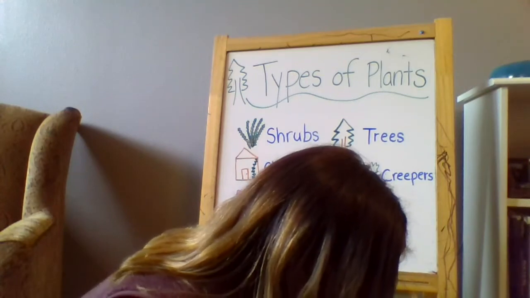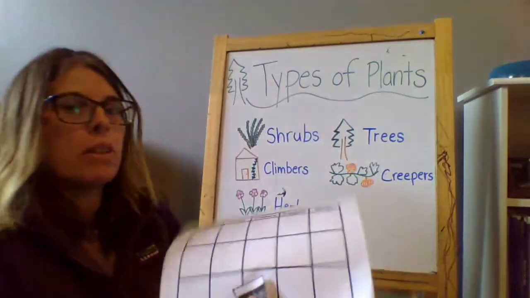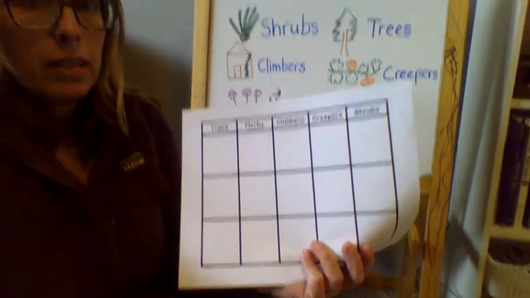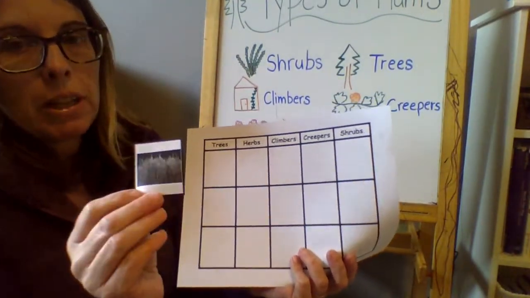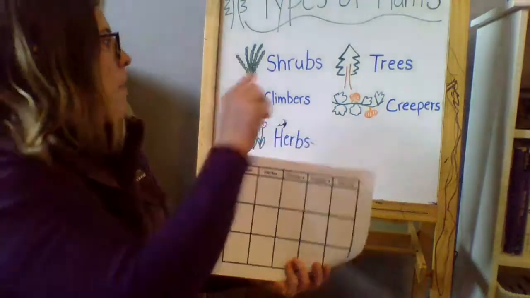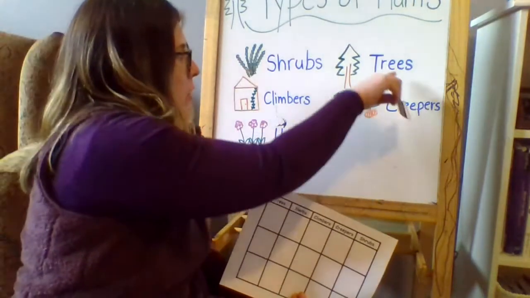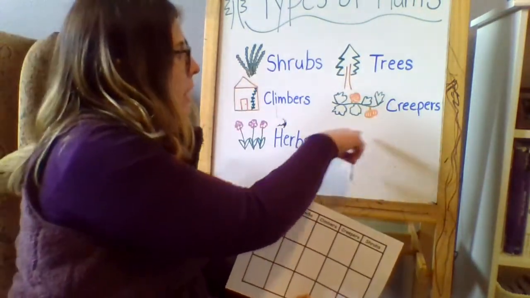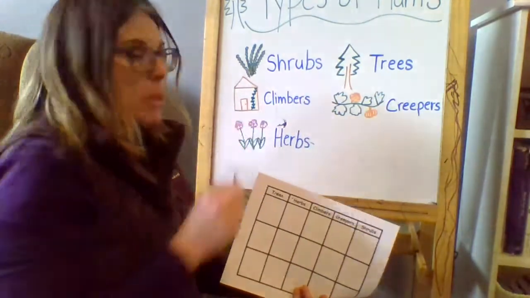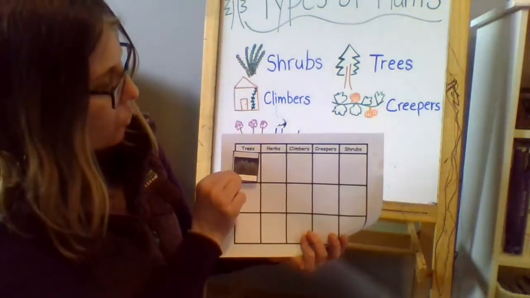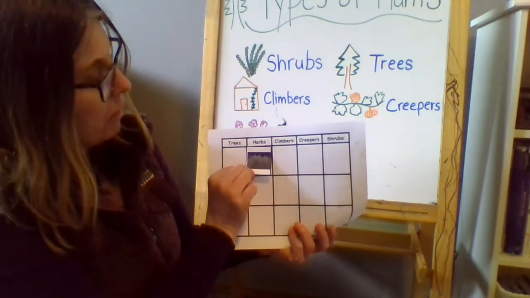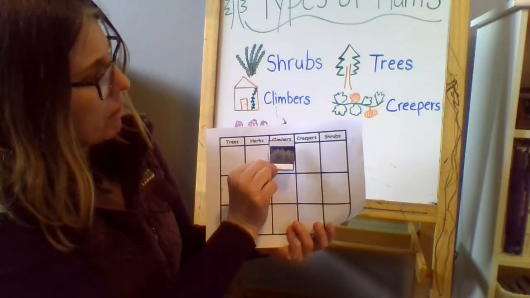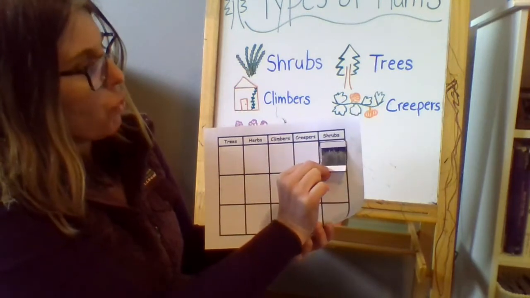Then what's going to happen is you're going to look at this and look at your pictures, and you're going to decide where they might go. So this one's a picture of grass. So I'm going to have to think about the characteristics of each of these types of plant and think about, is it a tree? Is it an herb? Is it a climber, a creeper, or a shrub?